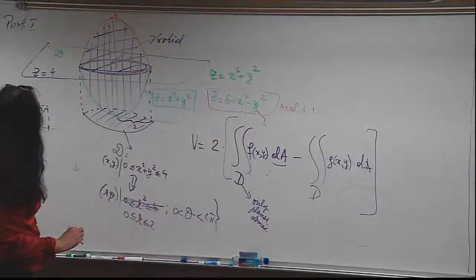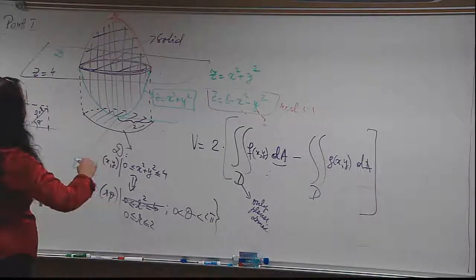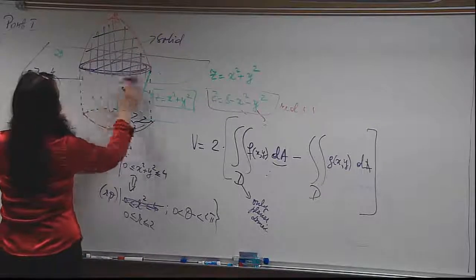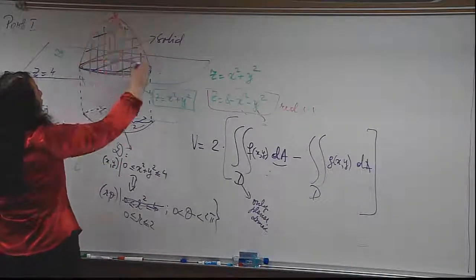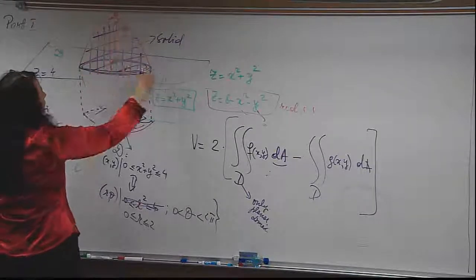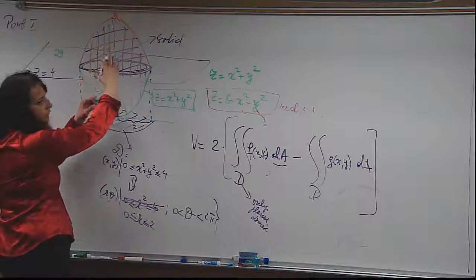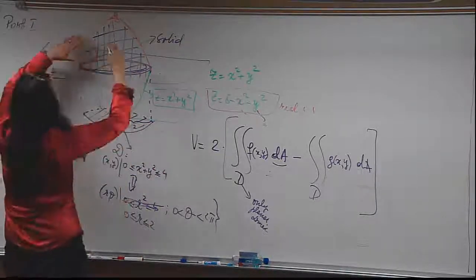And I have first a graph and then another graph. So when I want to compute the volume of this egg inside, I have to say, integral over D of the function that's on top.